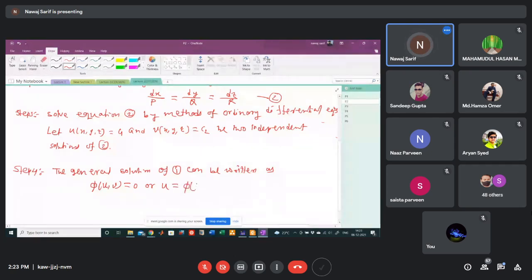You can write the general solution in any of these forms, or v as a function of u. So these are the steps to follow for finding the solution of this equation 1.